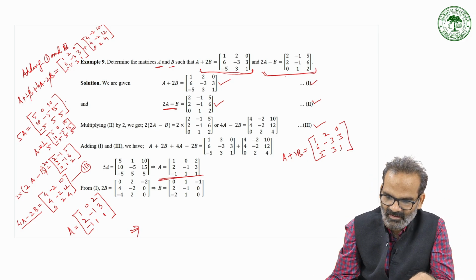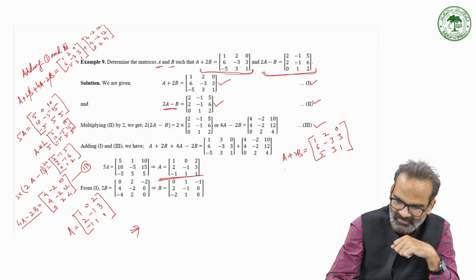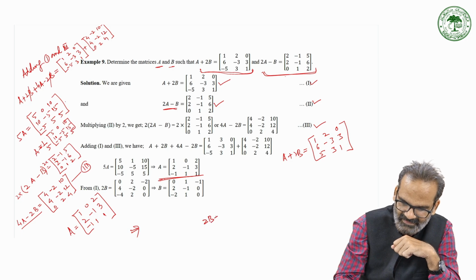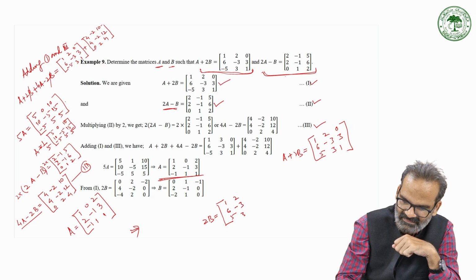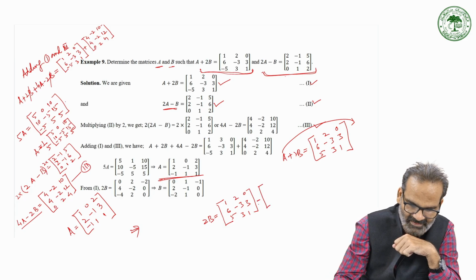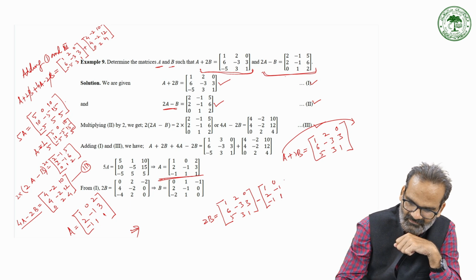A we have already obtained. So what is the value of 2B from here? 2B is equal to 1, 6, 5, 2, minus 3, 3, 0, 3, 1. Transfer this A from left to right. Minus A, where A we have obtained as 1, 2, minus 1, 0, minus 1, 1, 2, 3 and 1.